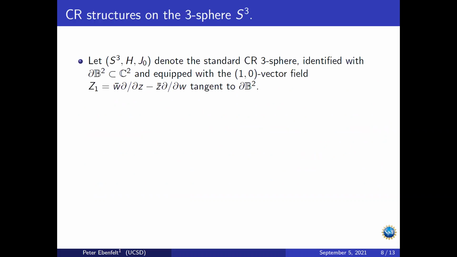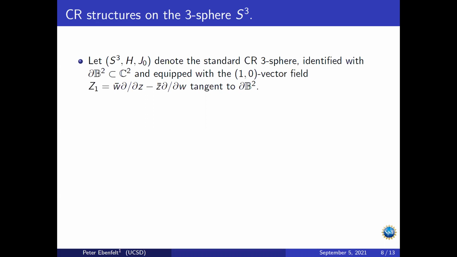Okay, so before stating the main results, let's just review what we mean by deformations of the CR structure on the sphere. So we take the 3-sphere, the standard CR 3-sphere, that is this 3-sphere with the CR structure it gets as the boundary of the unit ball in C2. So we usually denote it in this way, S3, H, J0.